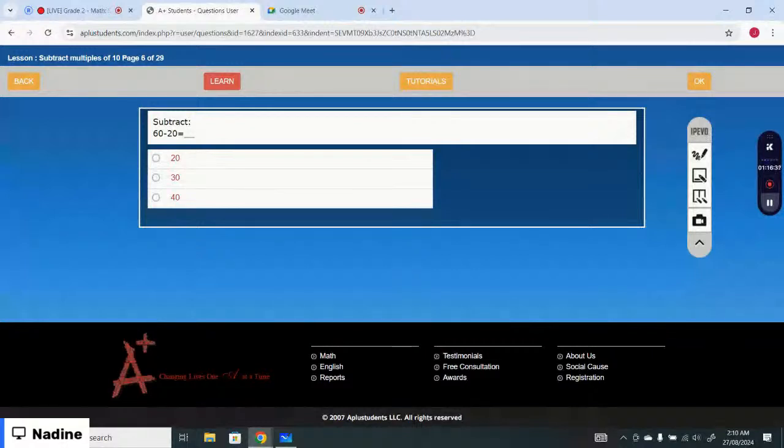The next one is 60 take away 20, which is the correct option?